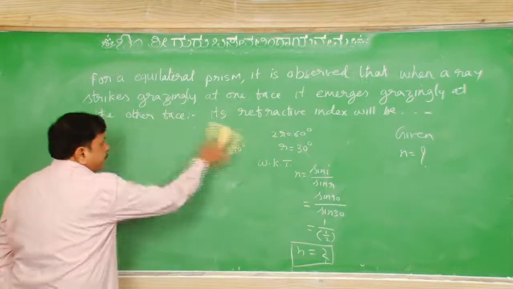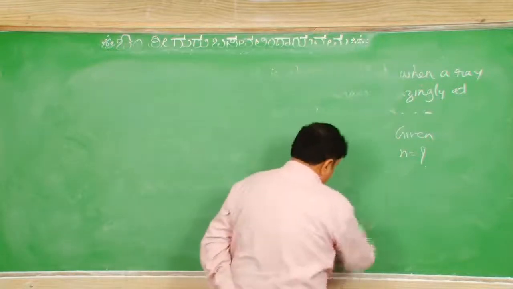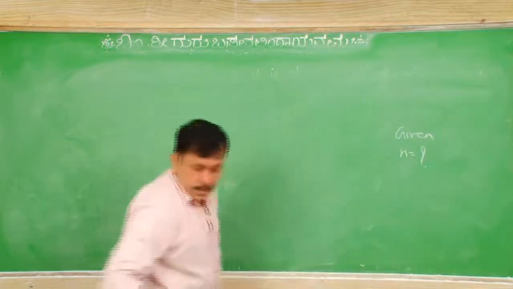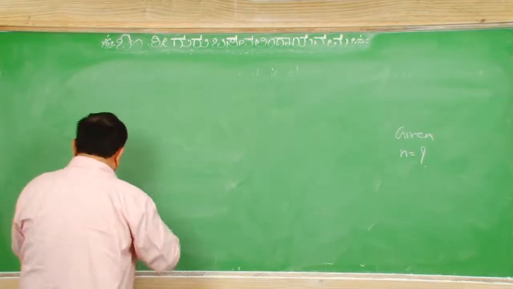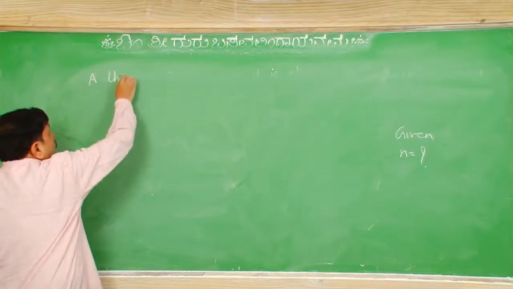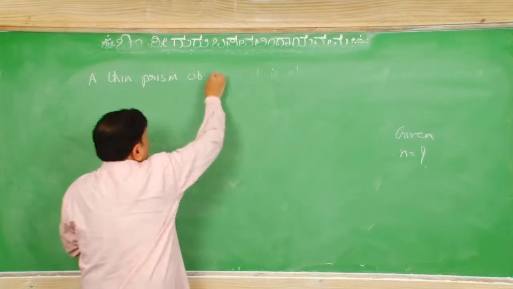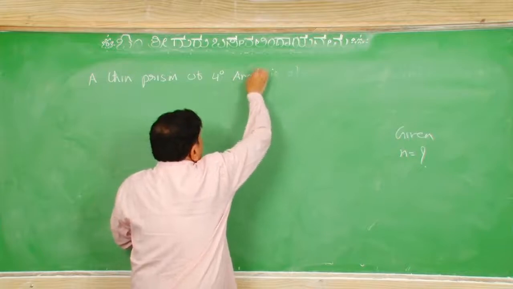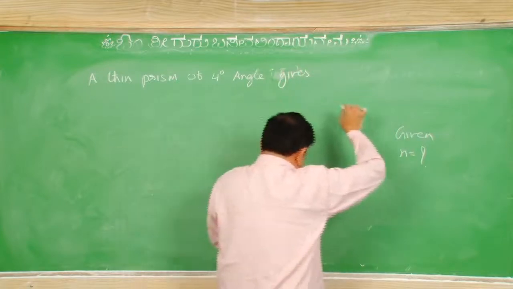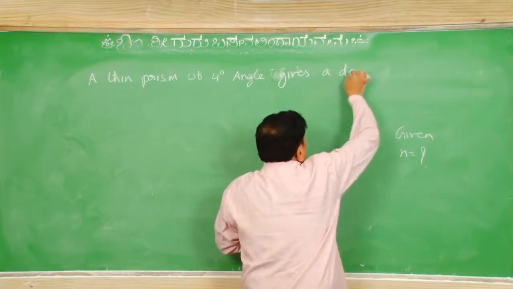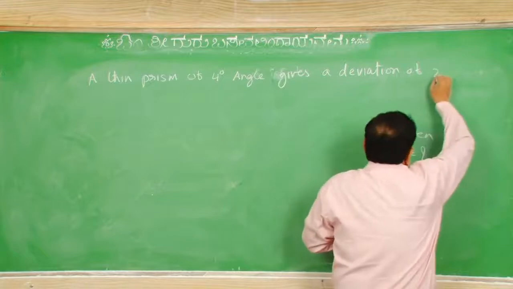Now let us see the next one. A thin prism of 4 degree angle gives a deviation of 2.4 degree.